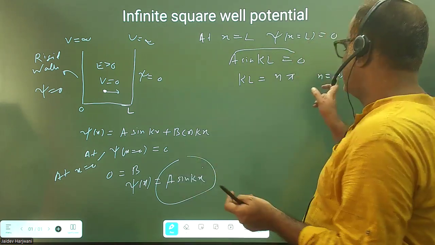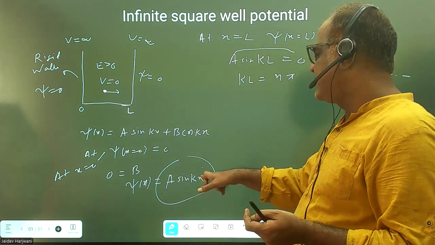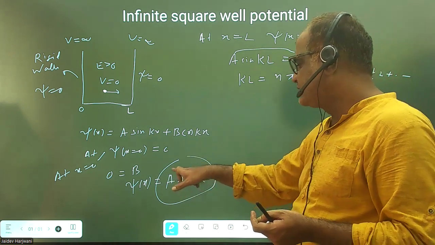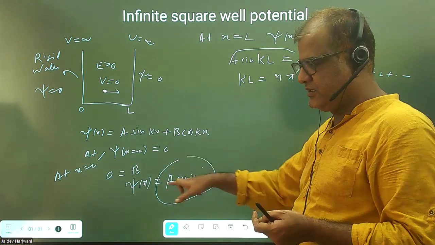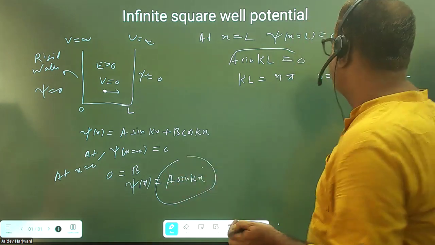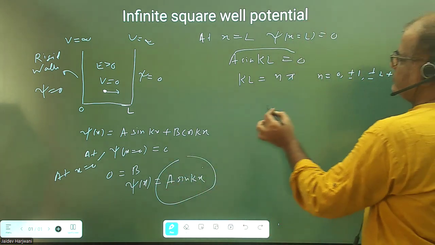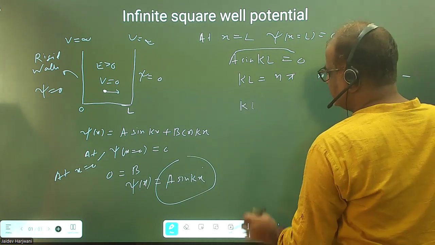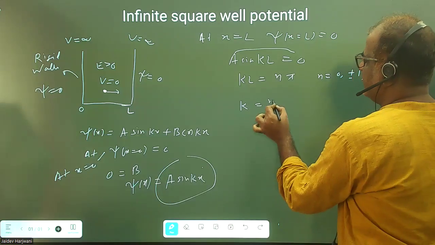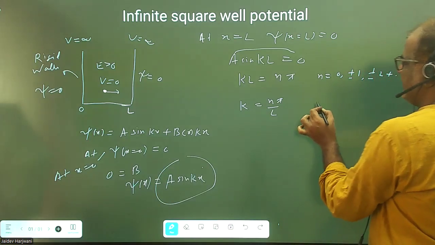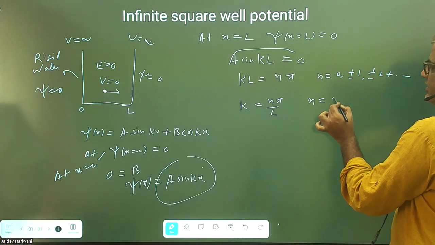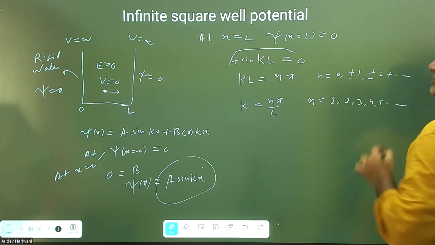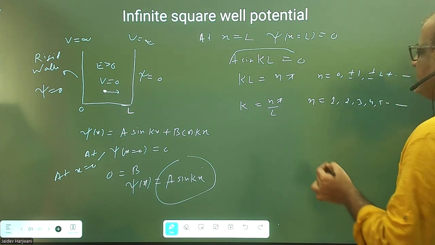A can be included in the constant, so I am taking only positive values. So my K is equal to nπ/L, and I will use only n from positive values 1, 2, 3, 4, 5. Now I know what my K is.